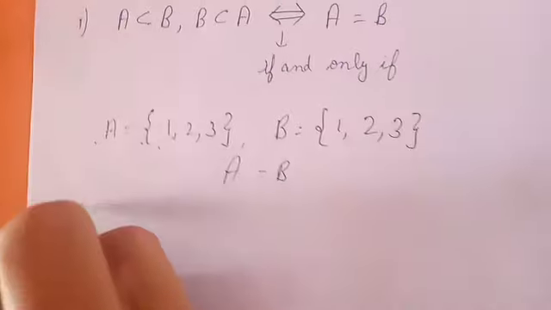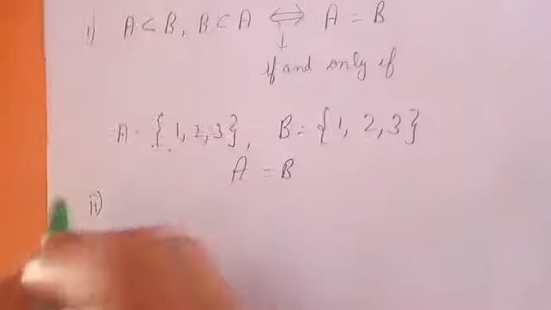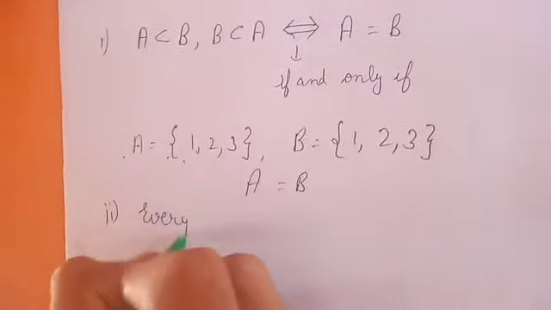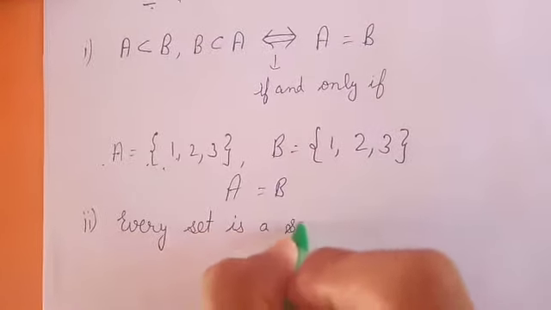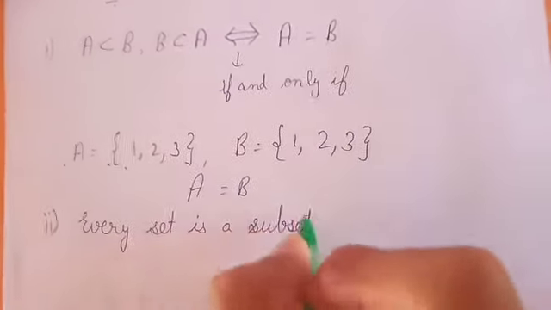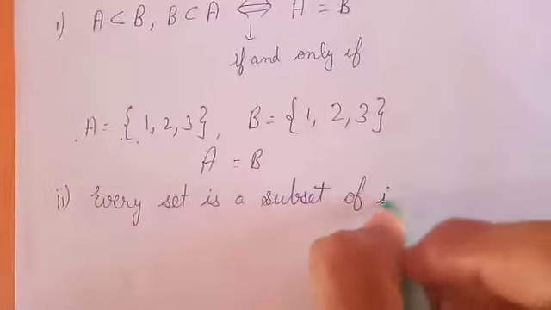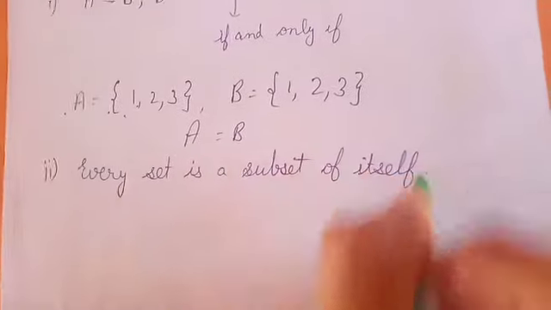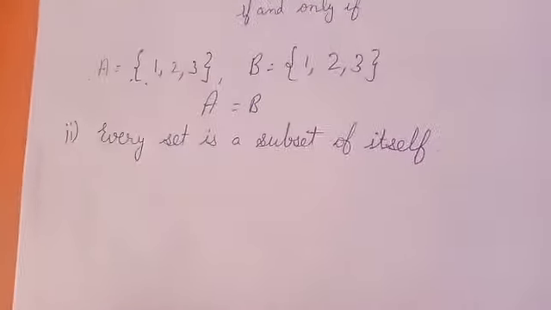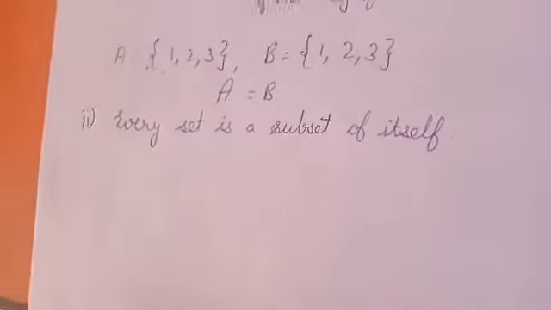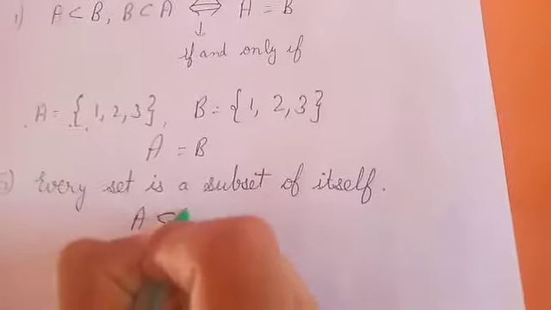Second is, every set is a subset of itself. Okay, that means if we have any set A, then A will be its own subset.